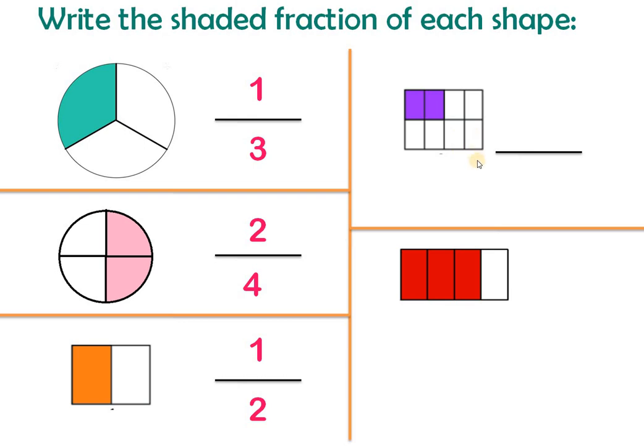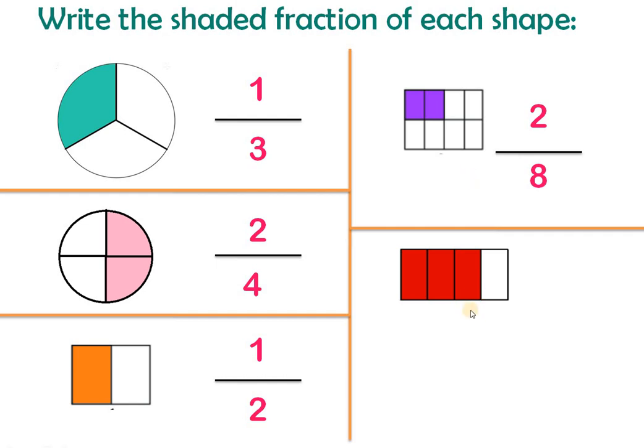So this shape is divided into 8 equal parts. So the bottom number should be 8. Let's find out how many colored parts there are. 1, 2. So the top number is 2. 2/8.